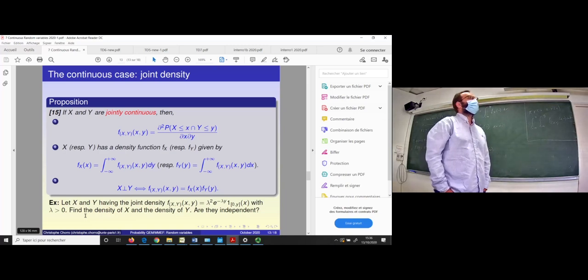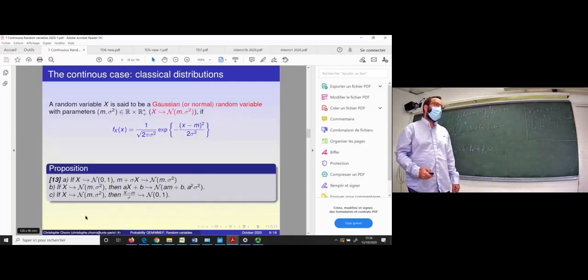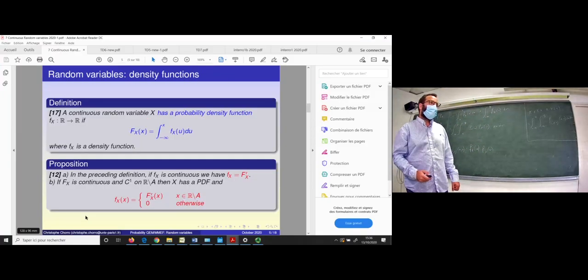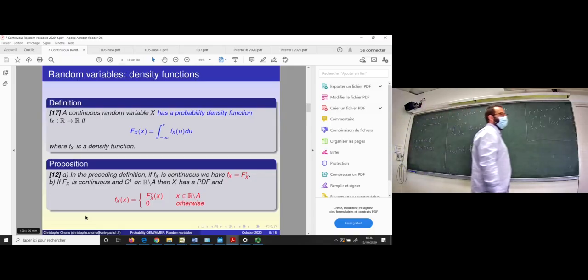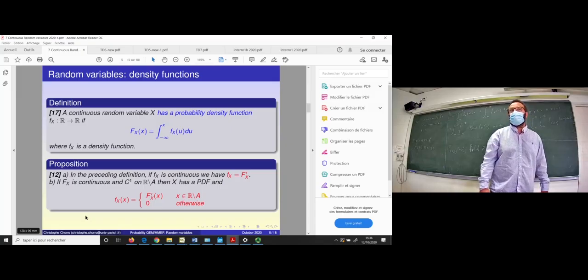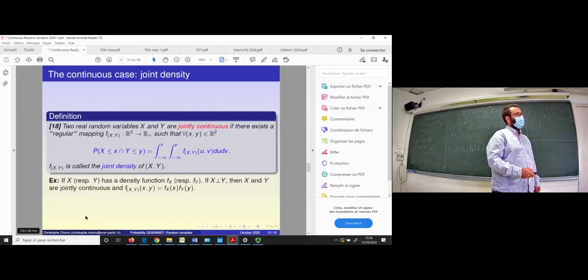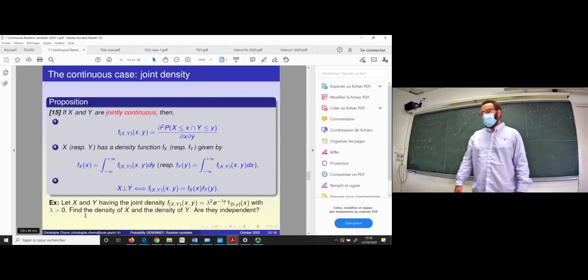The first one is the analogue of what we have already seen together, proposition 12b. Proposition 12b tells you that if the distribution function is sufficiently regular, to obtain the density, you just have to compute the derivative of the distribution function. But here, in the case of joint density, you will have exactly the same.